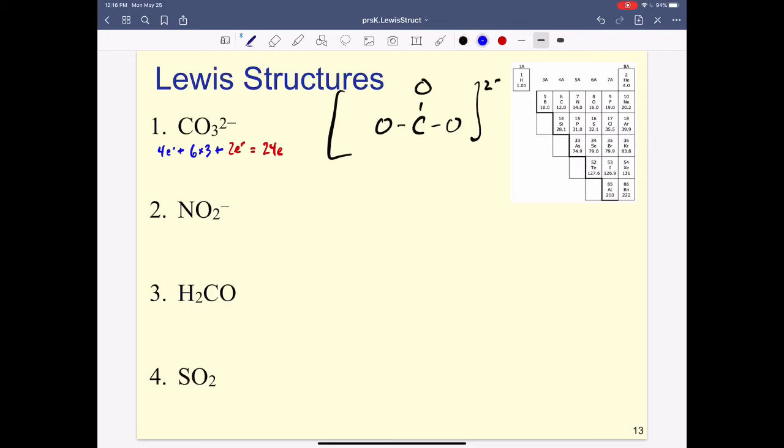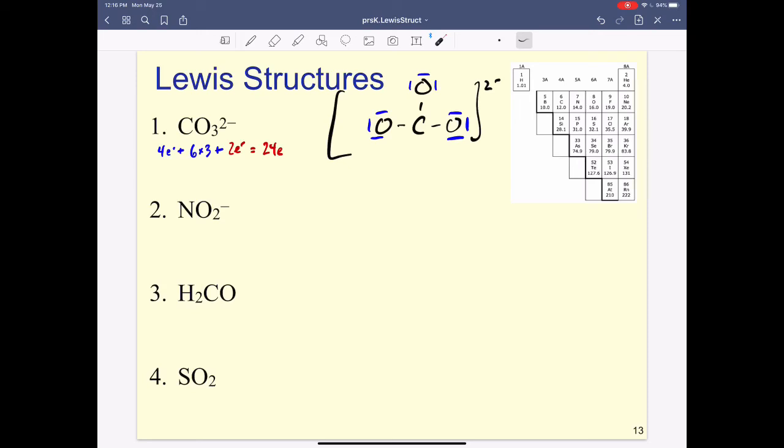I've used 3, 4, 5, 6, 7, 8, 9, 10, 11, 12, and my oxygens use them all up. I can't just come and put in the 13th because I do not have 13 available lines. Perhaps you've put your 12th electron pair there, and then of course your carbon is coming up without an octet.